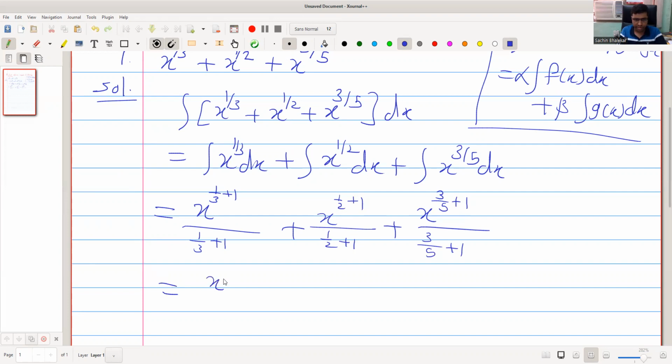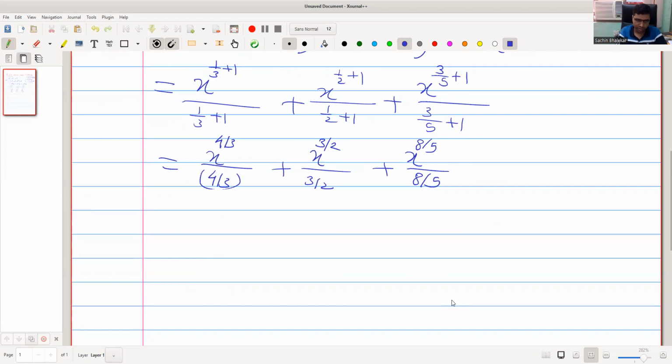Now we simplify. This is x raised to 4 by 3 upon 4 by 3 plus x raised to 3 by 2 upon 3 by 2 plus x raised to 8 by 5 upon 8 by 5. And finally, we get this 4 by 3 in the denominator.